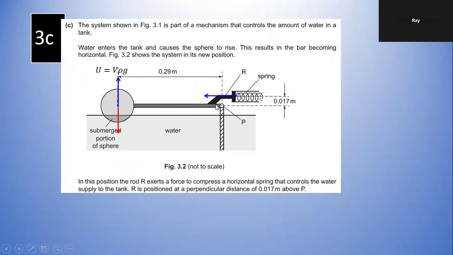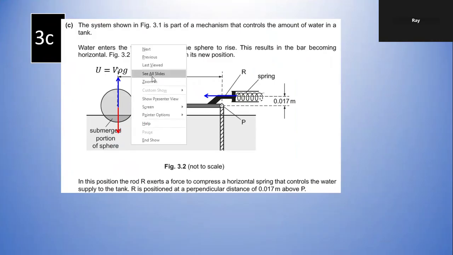Does the weight equal the upthrust? How come the weight doesn't come in?